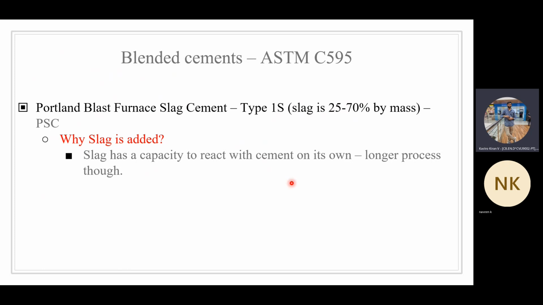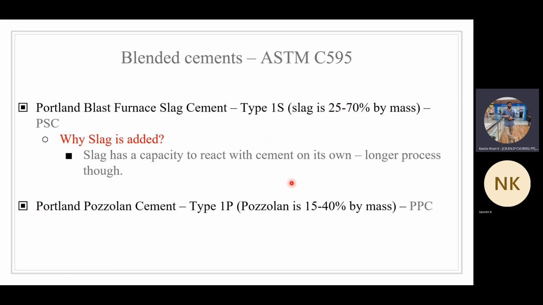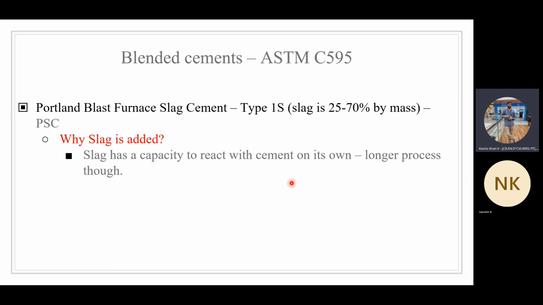Now, one more reason for that is, if you talk about the carbon dioxide emissions from cement manufacturing units, you will have almost 7 to 8% of carbon dioxide emissions happening during the production of the cement. That statistic we have discussed in the last session. Now, when you add these kind of materials such as slag and fly ash, what happens?